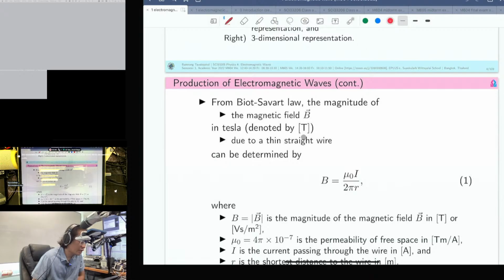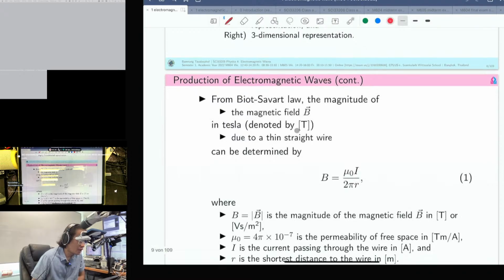In some lectures, many teachers may not use the square bracket, but in order to differentiate the unit from the variable, I'm going to use the square bracket to mention that this is the unit of some quantity in our physics subject. Tesla is derived from volt second per square meter.